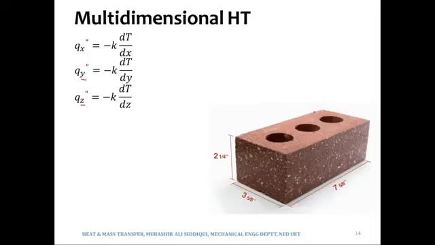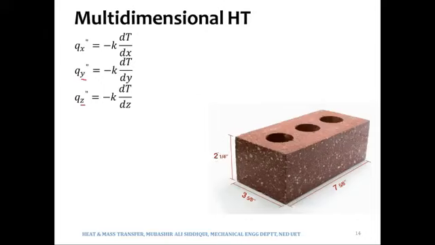Now consider this block, or a box, or a wall. In fact, this is a wall. It is a plane wall because it has three dimensions x, y, and z. We consider this dimension, which is 7, as x, this length, which is 3, as the y direction, and this height, which is 2, as the z axis.